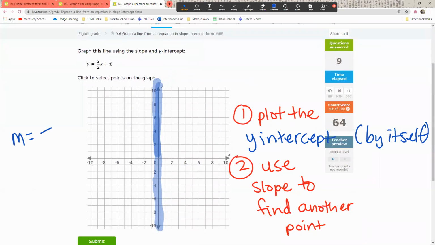All right, this one's going to start at 2. I'm going to mark +2, and then my slope is 3/2. So I'm going up 3/2. So if I plot a point here and then go up 3/2.